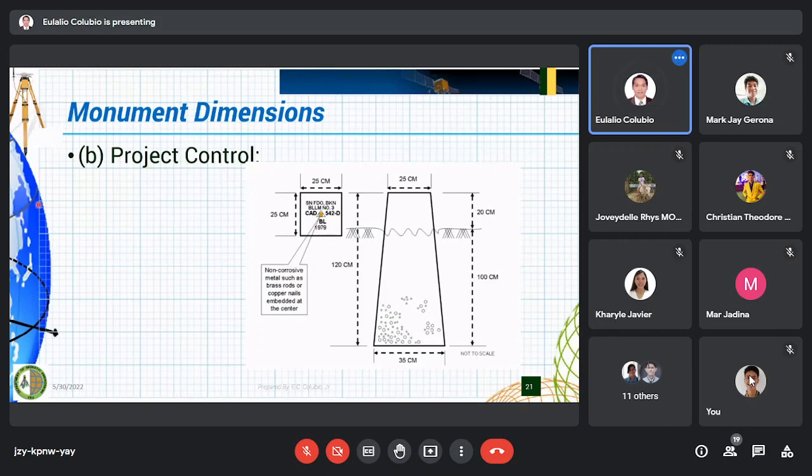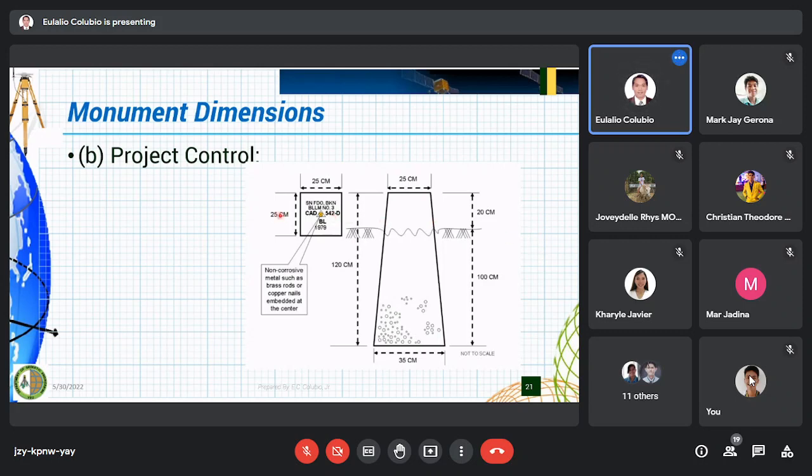So the middle one here, if you notice, is the survey number. CAD means cadastral, project number 542-D. The -D here indicates that the project was conducted by a private contractor, a private geodetic engineer, not government.